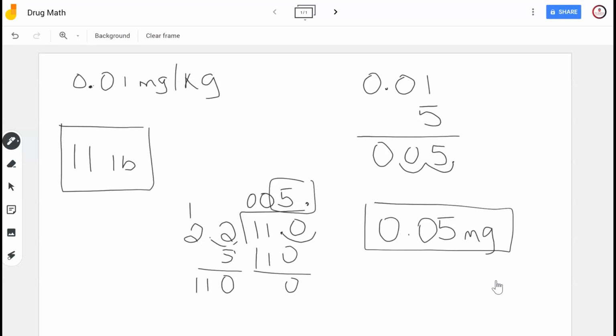Brianna, it's 0.05 because you have 2 places after the decimal point, so after you multiply, you just move the decimal point over twice. Okay, sorry. That's okay. So that's the correct answer, Andrew? Yes, that's the correct answer, but we didn't have to do milligrams. You just put the numbers. Yes, correct.